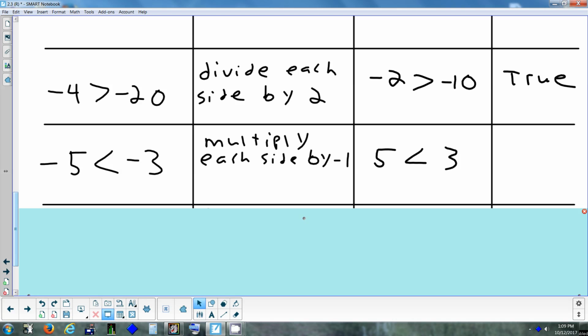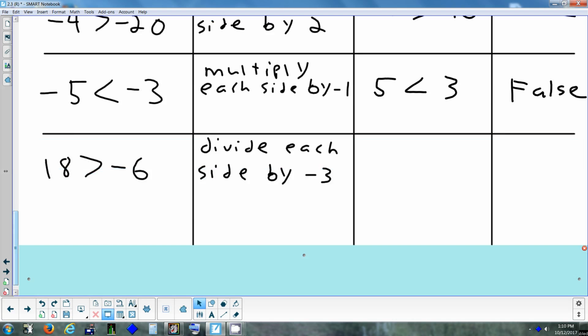Is 5 smaller than 3? False, right? Now, did we multiply both sides by the same thing? Yeah, we multiplied both sides by negative 1. Did we make a mistake? Is negative 5 times negative 1 equal to 5, and is negative 3 times negative 1 equal to 3? Yeah, so we didn't make a mistake, but something strange happened when we multiplied both sides by a negative.